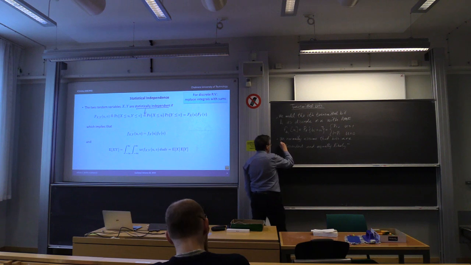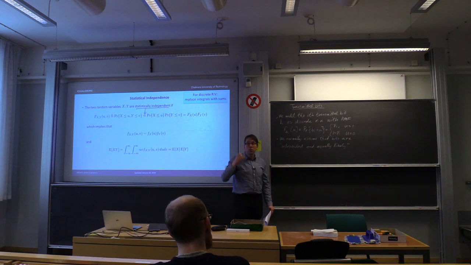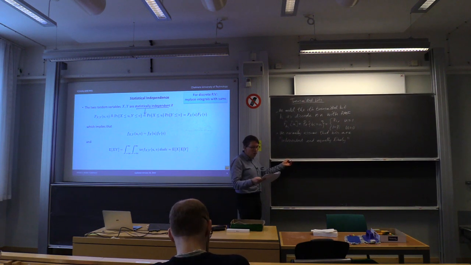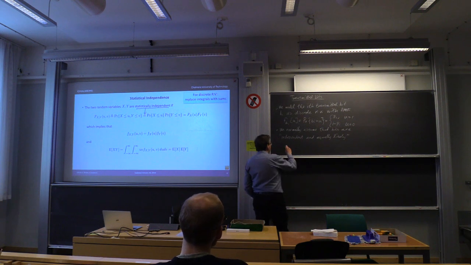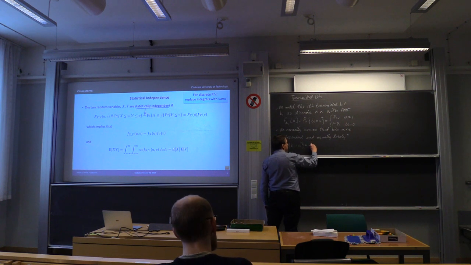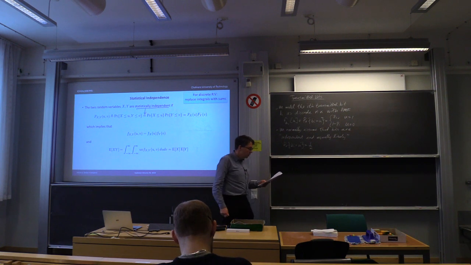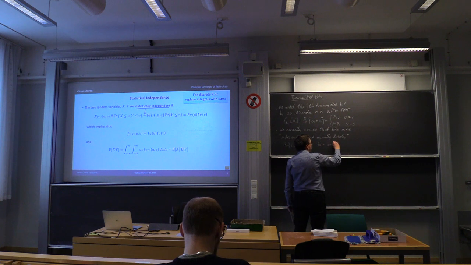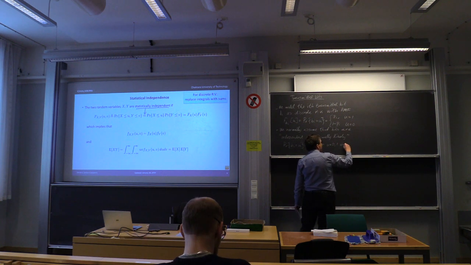Okay, so you will see this statement on exams and in books and so forth. So it's good to know what independent and equally likely means. It means that the probability that bi is equal to u is 1/2, for u equals 0 or 1 and all i.